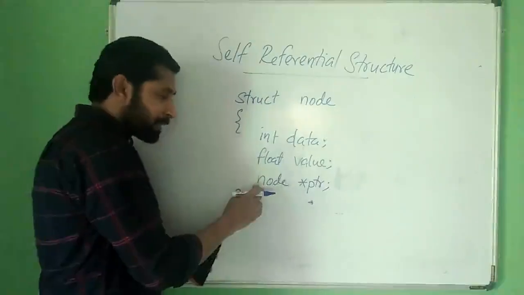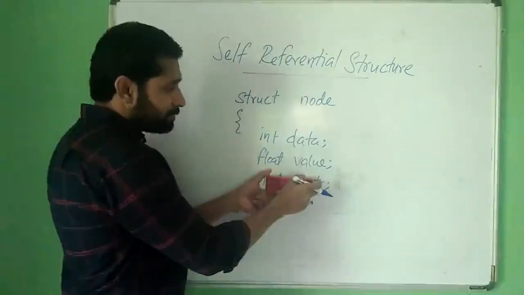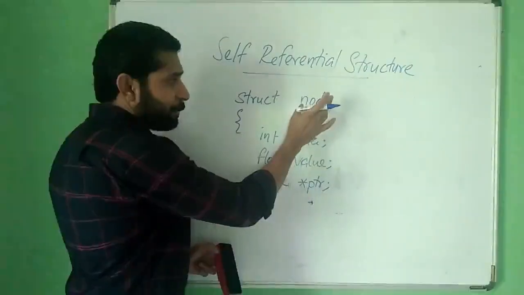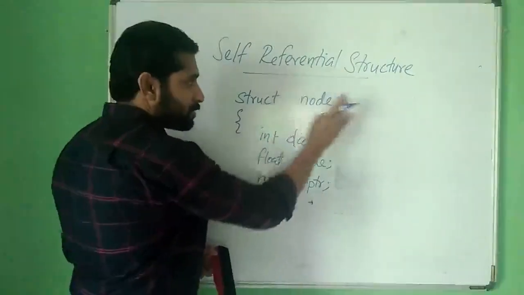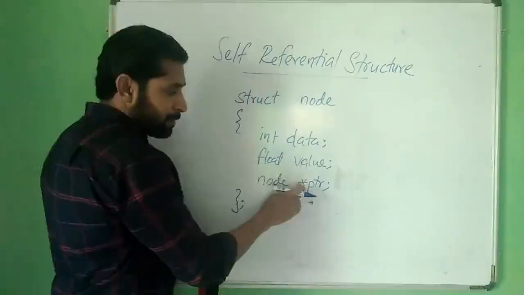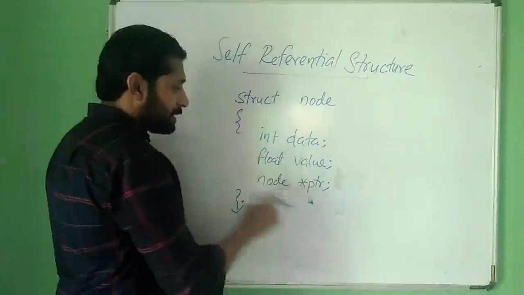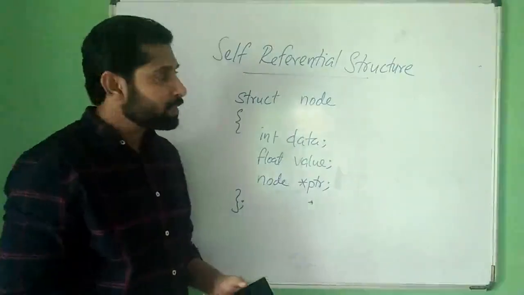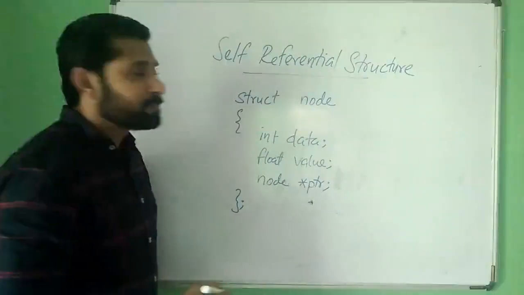Without this, it is an ordinary structure. If you create a pointer of this structure, node star ptr, this becomes a self-referential structure.